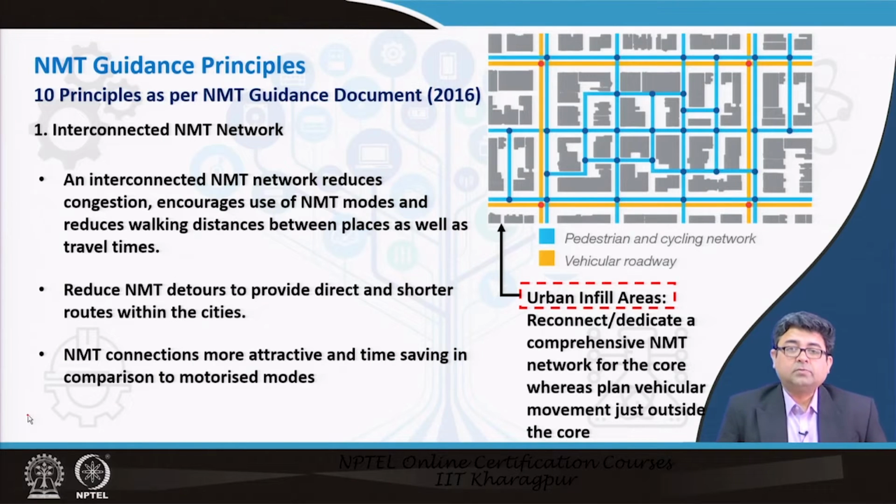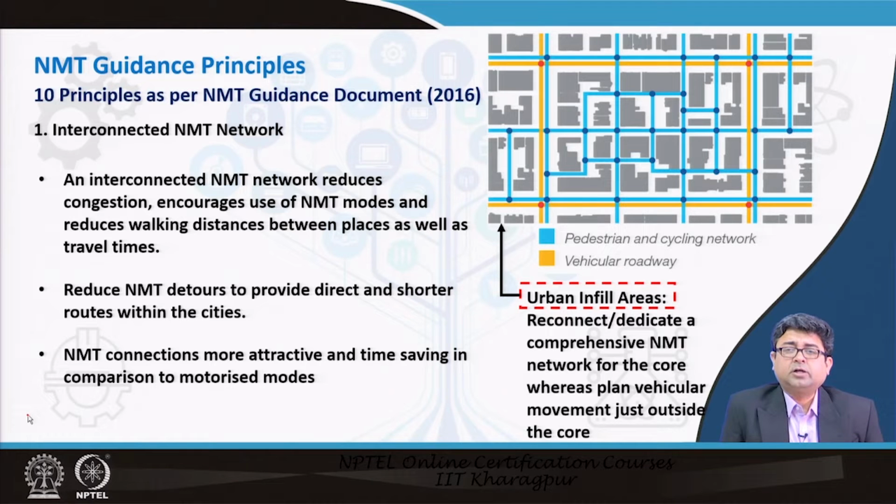Now, getting into the first one, which is the interconnected NMT network. If you ask a pedestrian or a bicyclist why they don't often walk or bicycle, one of the reasons they will let you know is that there are interrupted facilities everywhere.